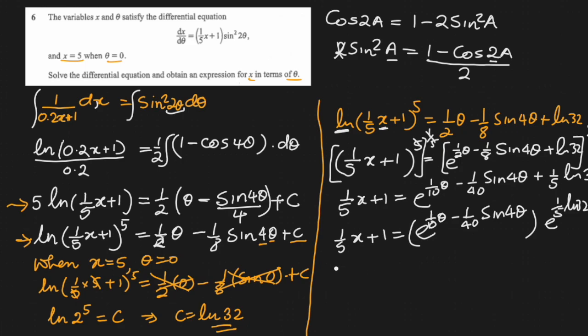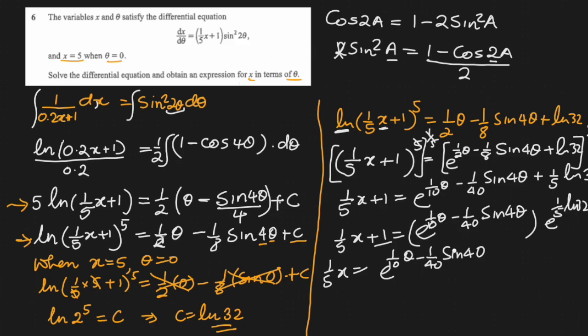Okay, so now this one has to go. First of all, this e has to be, okay, let's do this. 1 over 5x, and I'll take this 1 to the other side. E to power 1 over 10 theta 1 over 40 sine 4 theta.